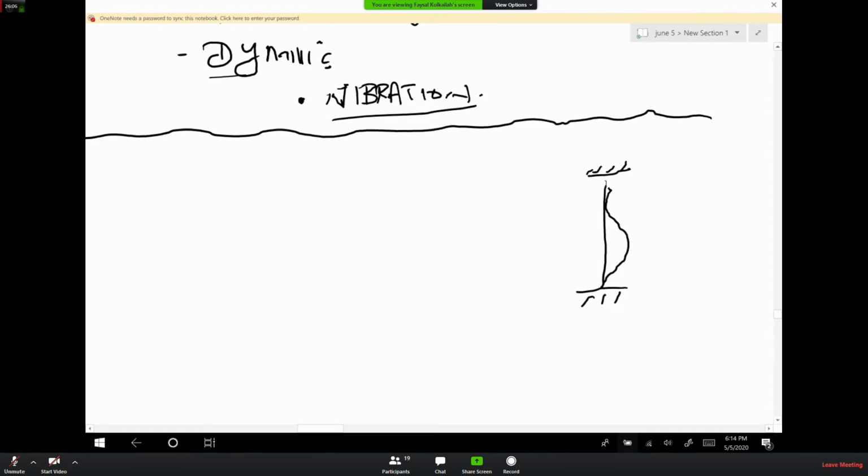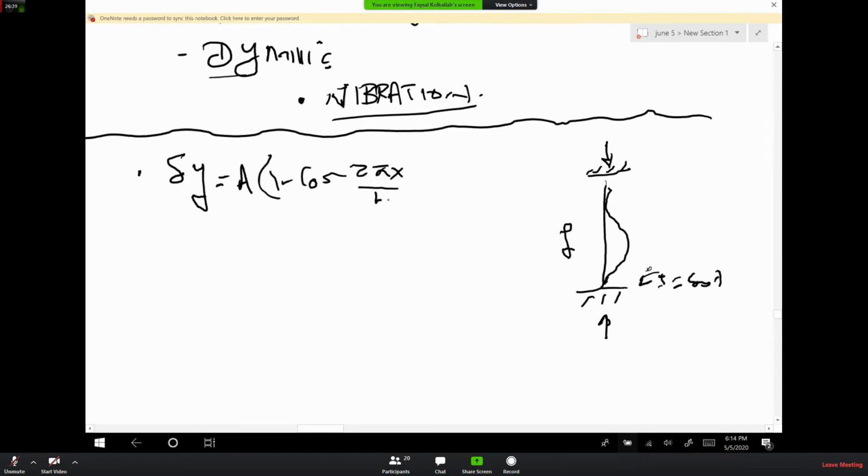And this problem, if I'm not mistaken, we did in this class. EI is constant. We did, and let me know if we did, delta y as a times 1 minus cosine 2 pi x over L. And we did, with you in this class, we assumed y to be a plus bx plus cx squared plus dx cubed plus fx to the 4.